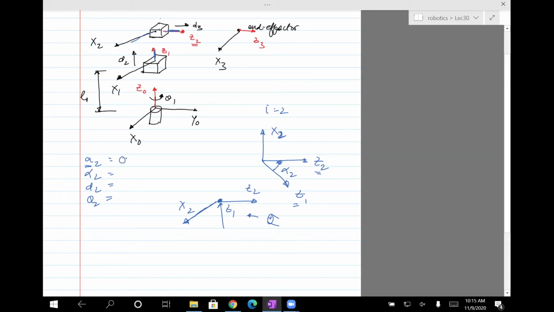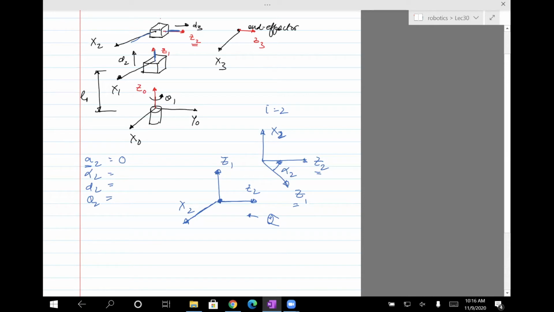Okay. Next is alpha 2, the angle between Z1 and Z2 along X2. So now the angle between Z1, which I've shown here, and Z2 along X2. The best way to do that is to actually line up Z1 and Z2 such that they have either their tails, so tails is when there's no arrow, intersecting at one point, or their heads intersecting at one point.